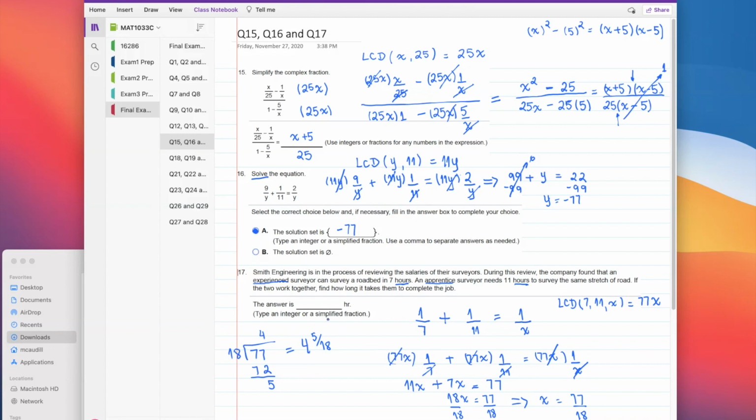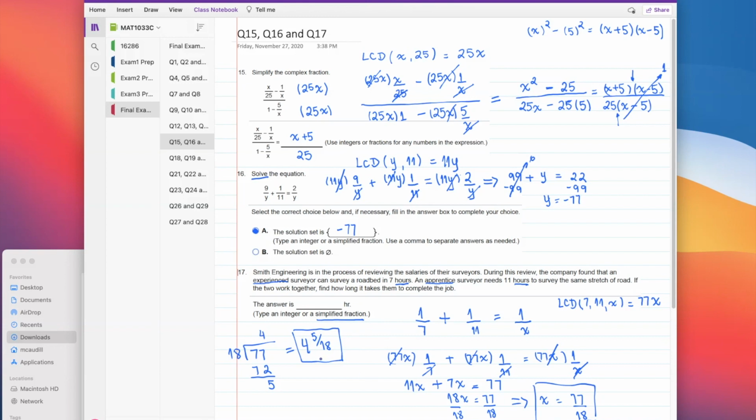So they ask you to put a simplified fraction. You can write it as a mixed number like that, because then you understand how many hours that is, or you can write this fraction here because there is no way to reduce this. This is 7 times 11, and 18 does not contain 11 or 7, so there is no way to simplify, so it's reduced.